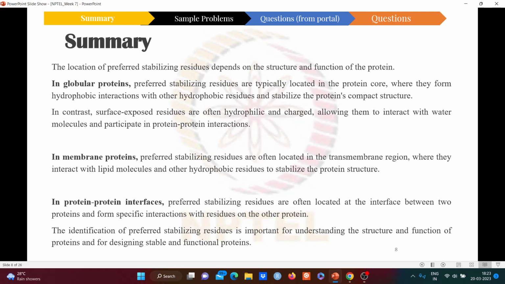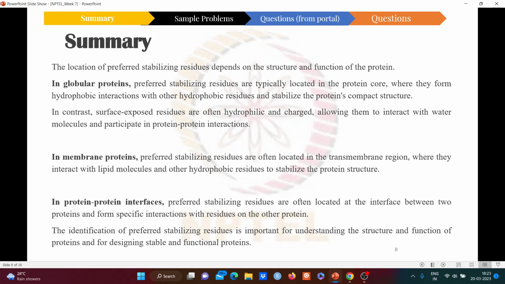In membrane proteins, preferred stabilizing residues are often located in the transmembrane region, where they interact with the lipid molecules and other hydrophobic residues to stabilize the protein structure. These residues are typically hydrophobic and have a high propensity to form alpha helices or beta sheets.